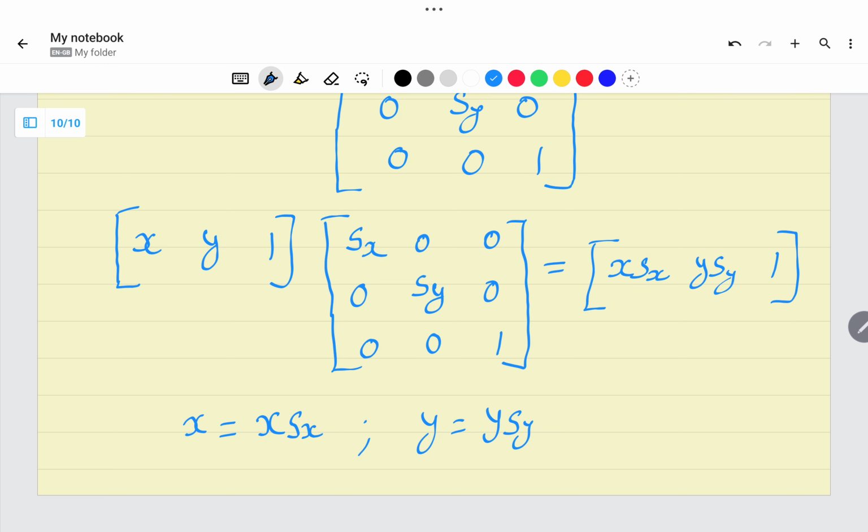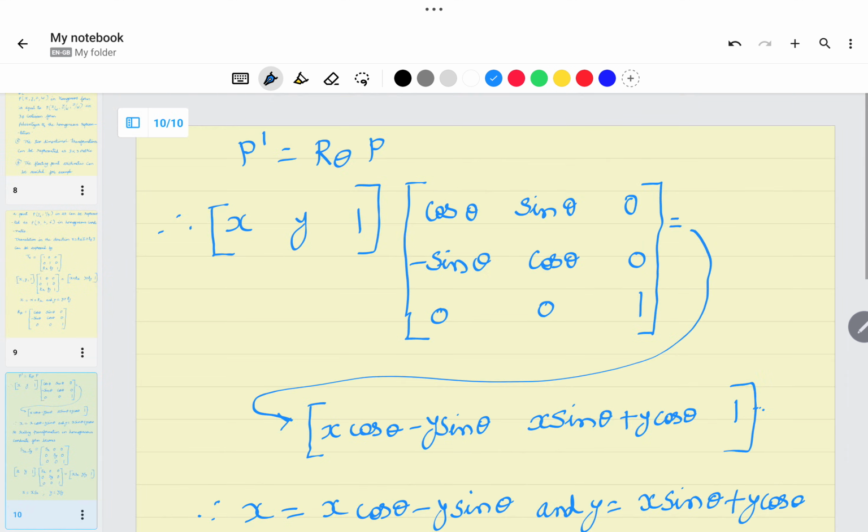Now let's move on to another point. Let us take the example of scaling keeping the center fixed, so scaling S(S, C).